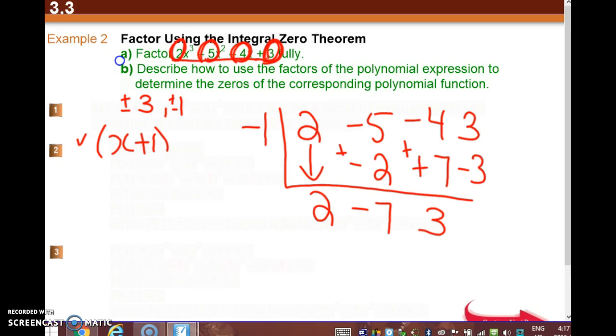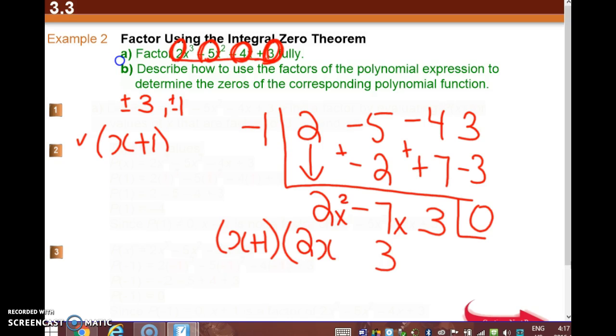And you add going down, so you end up with 0. So our factor was x plus 1. And now we write this as no x, an x, and an x squared. Okay, so this new equation will be 2x squared minus 7x plus 3.